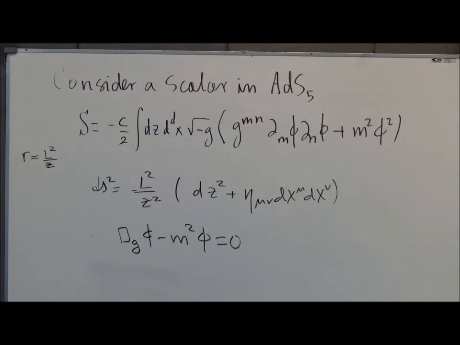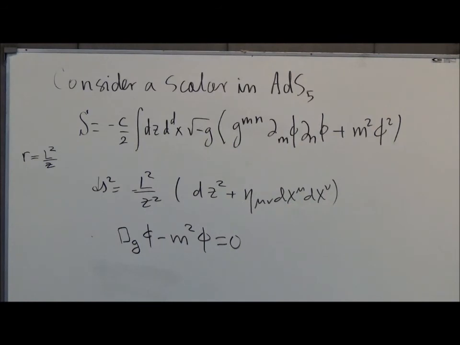Okay, I don't have a lot of time, so I'm going to skip some steps, but I will explain what I'm doing. Can everybody write the Laplacian for a given metric? You're not sure? Okay.